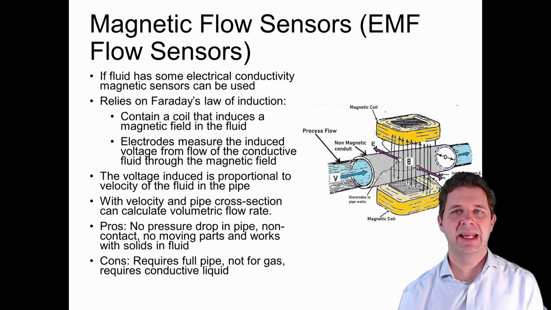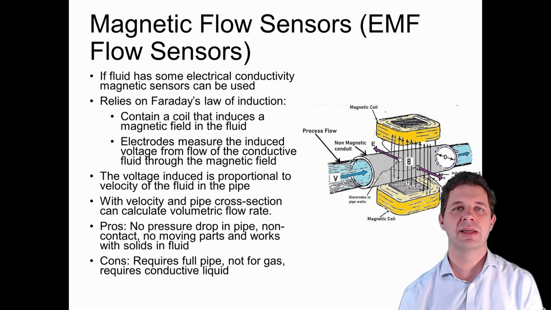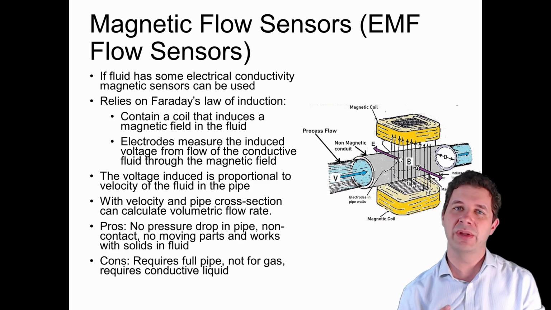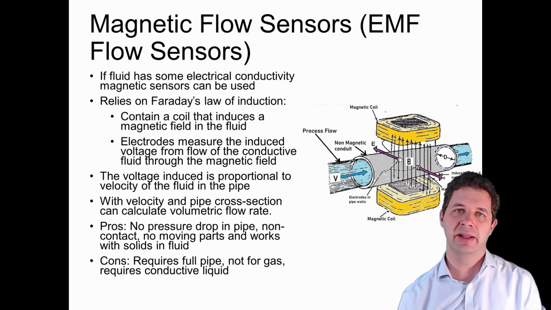We also have magnetic flow sensors. These are sometimes called EMF or electromotive force flow sensors. The basic idea behind these magnetic flow sensors: if we have a material that has some electrical conductivity to it, like plain water, not pure water, but water with all the impurities and things in it, it will conduct a small amount of electricity.